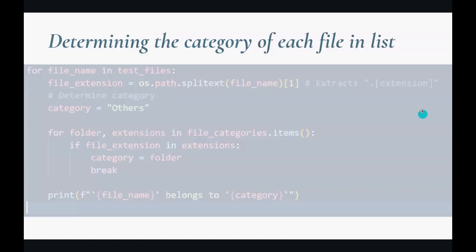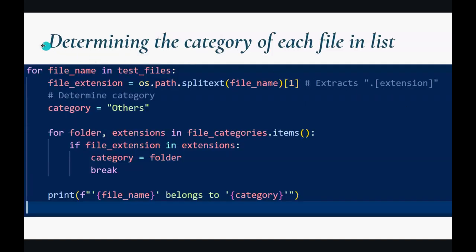So looking at that as part of the more complete categorization, for each file within our list of test files, we're extracting the extension, and then we are giving it a default category, which is others.